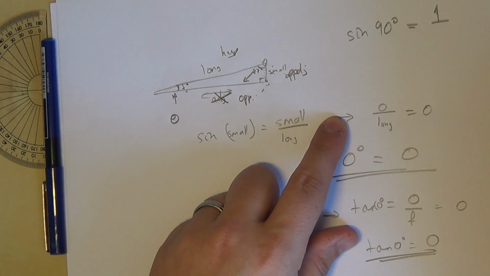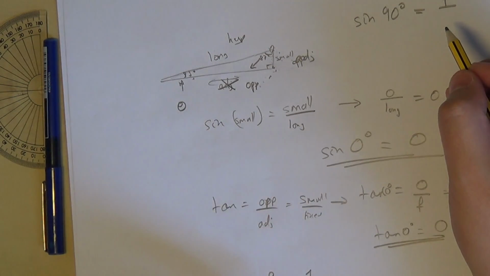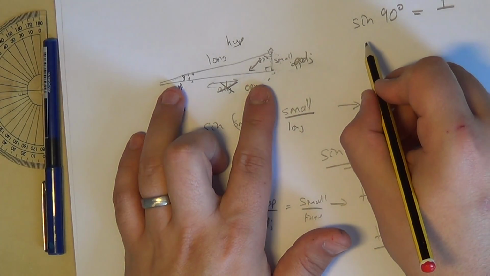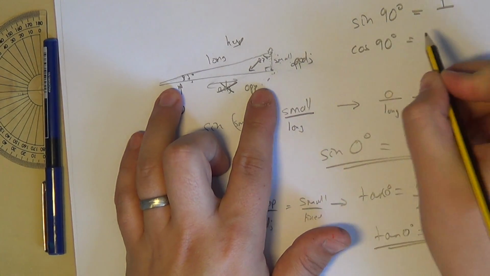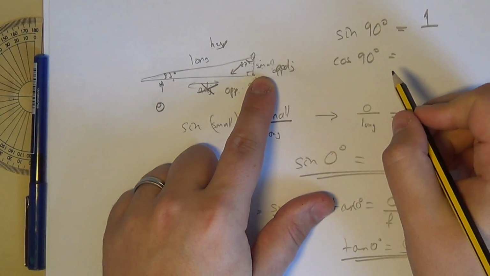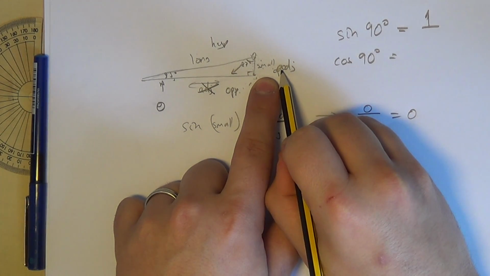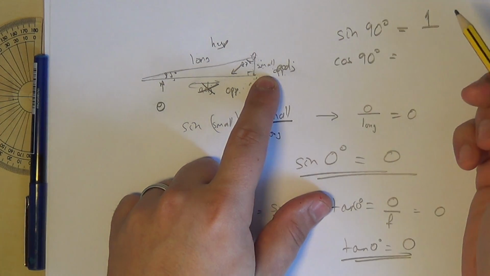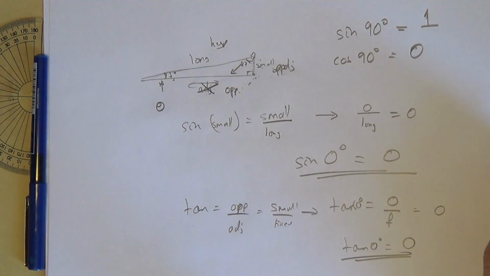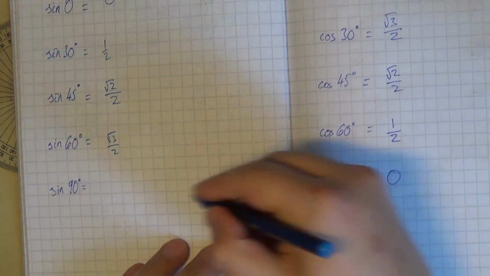So that's got a sine of 1. Right, cosine. We have got the adjacent getting smaller and smaller, dividing by a thing, and the smallest it gets is 0, so 0 divided by a thing is 0. They're the easy ones, so we'll put those in the book straight away. So that is 0 and that is 1.